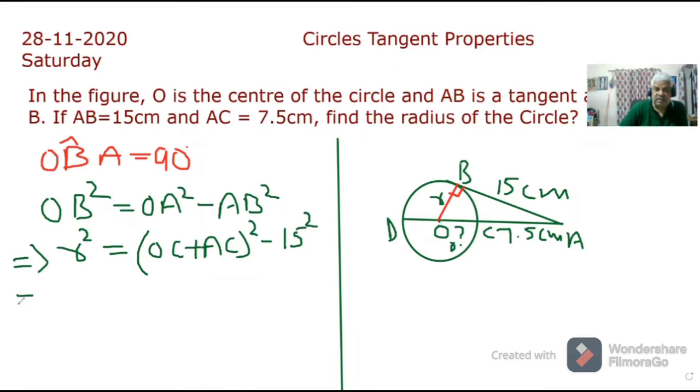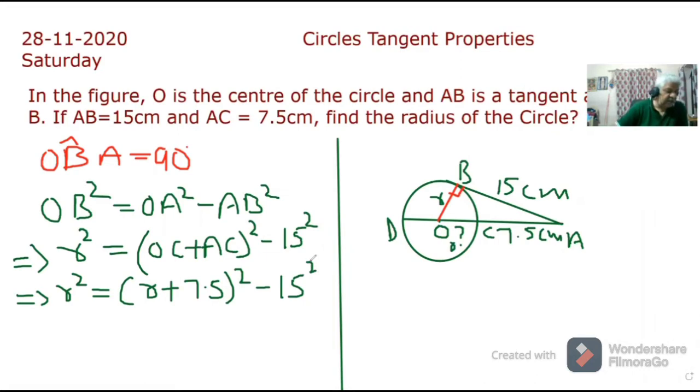Now you just substitute: R square equals OC measurement is R plus AC measurement is 7.5, whole square, minus 15 square. Okay, children. Now, on the right hand side, the A plus B whole square formula expansion is there. I write it as R square equals.